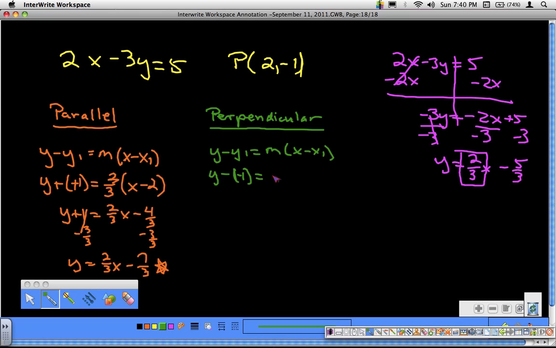The slope, remember, this time we have to do the opposite reciprocal. So the reciprocal of 2/3 is 3/2, and since our original is positive, we're going to make our new slope negative. So negative 3/2. x minus our x1, which is 2. Again, minus a minus is plus, so we get y plus 1, and over here distribute.